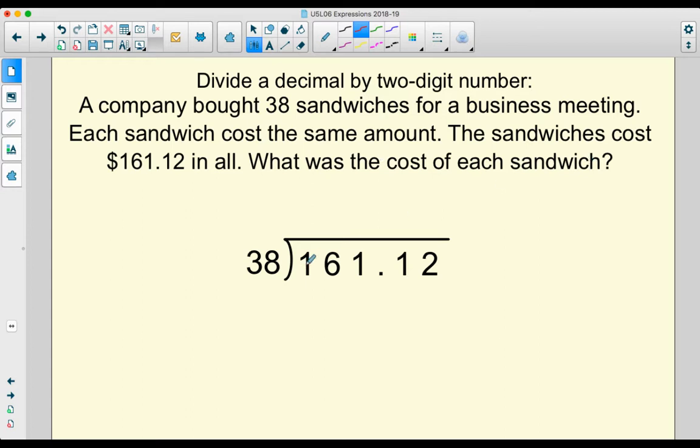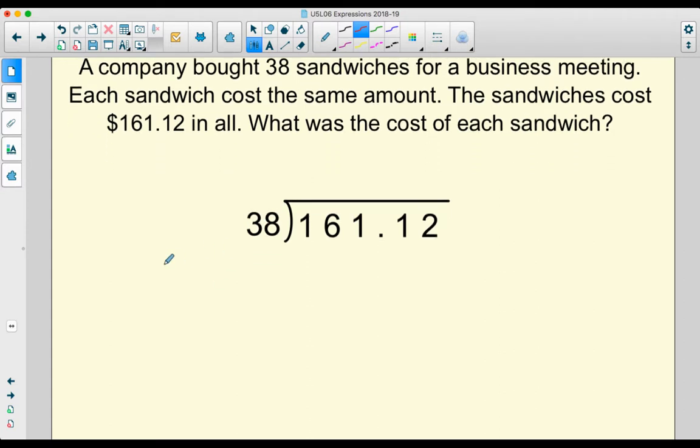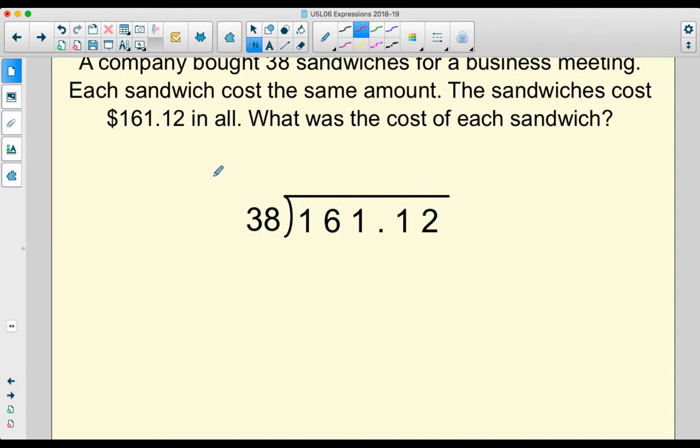So I'm going to say in total they were $161.12. I want to divide them into 38 equal groups for 1 sandwich each. So again, I look at my divisor 38, and in my head I'm going to think of 38 as 40. 40 is easy to divide by because it's a multiple of 10.